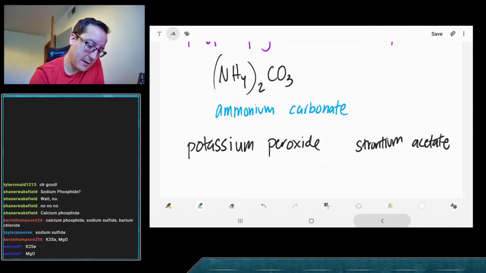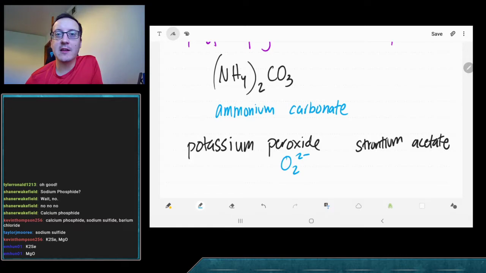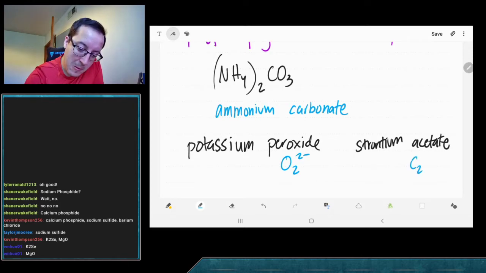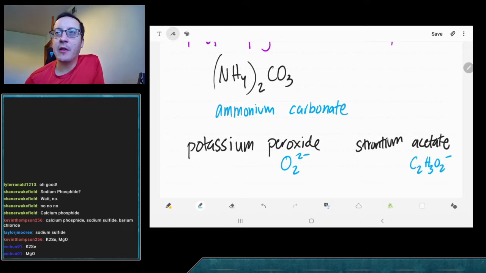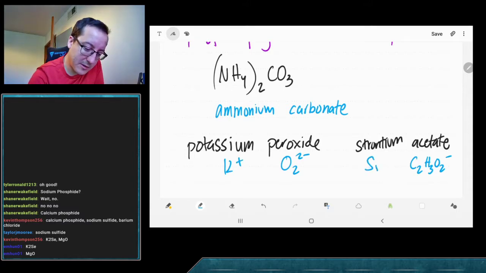I'll go ahead, and since we have not necessarily had the polyatomic ion chart for very long, I'll go ahead and give you those for right here, just to speed things along, since we only have an hour here. Obviously, of course, potassium is K+, and strontium is Sr2+.